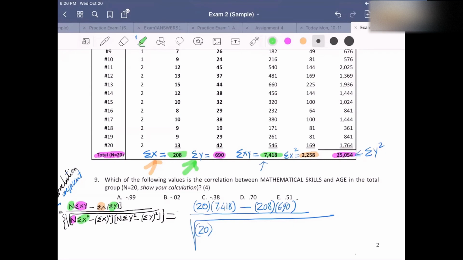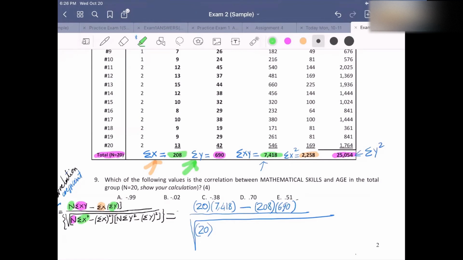What is the sum of x squared? Type in the chat. I got Montserrat, Brianna, Brittany.